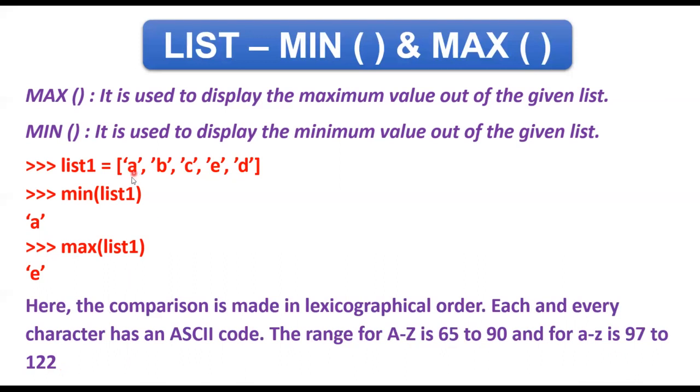So if we start with small a, code is 97 and small e code will be correspondingly, like if we count A, B, C, D, E. E is my fifth character. So now start counting from 97. 97, 98, 99, 100, 101. So E is 101. So that's why it is the maximum value out of the given list and A is the minimum value out of the given list.